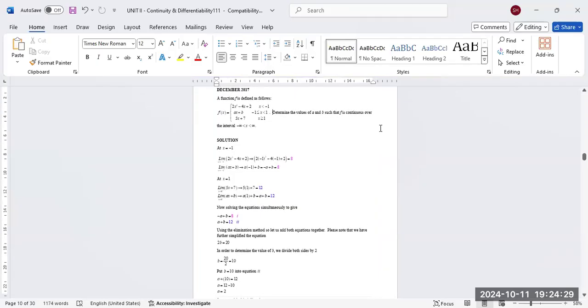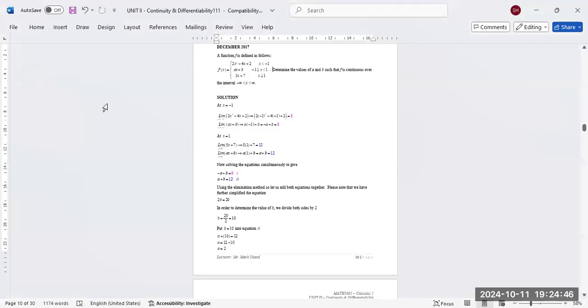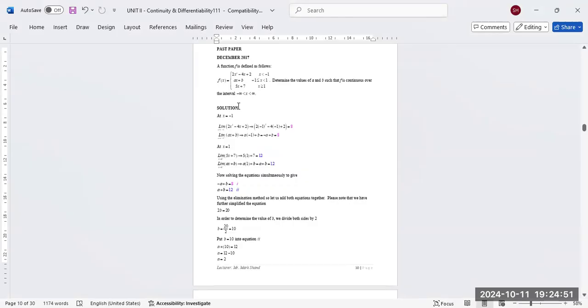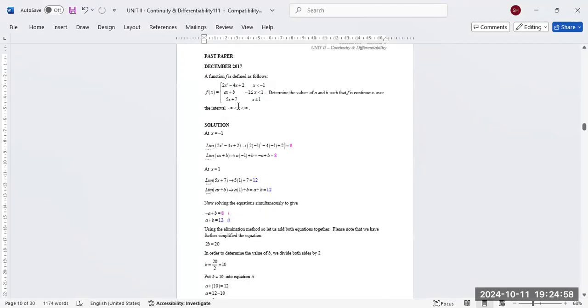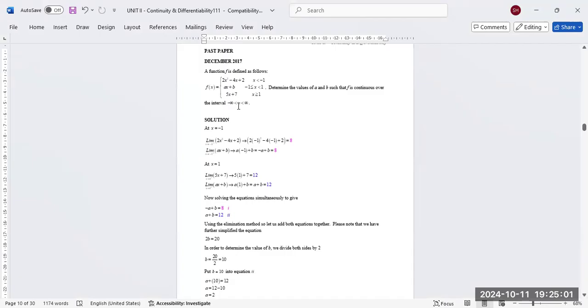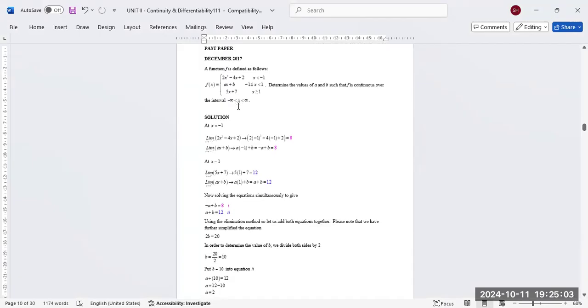Right click on home and make it automatically collapse the ribbon. Collapse ribbon. I think that should help a little bit more. Zoom it up one more time, Control plus. All right, I think that's the best we can get it.